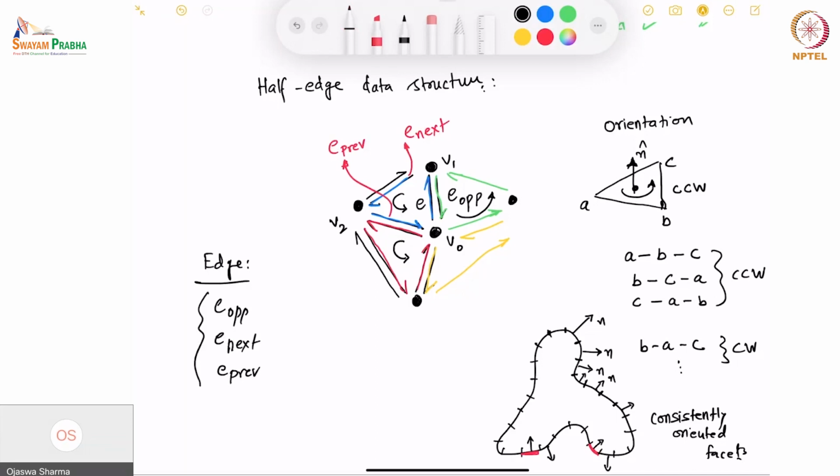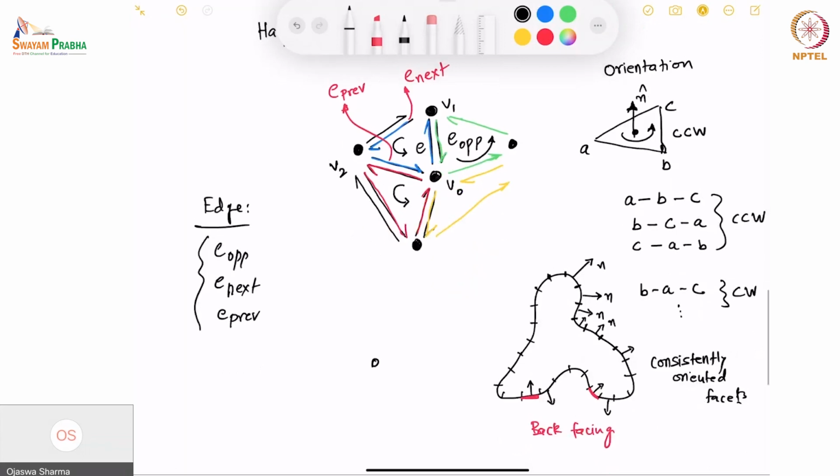For example, I want to navigate around the vertex V0, and I'll again draw it here. This is E, and I want to navigate around this vertex. How do I do that? And by the way, navigating around a vertex is known as one ring traversal.